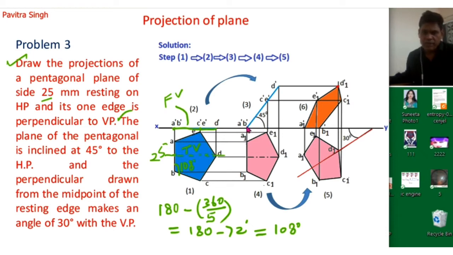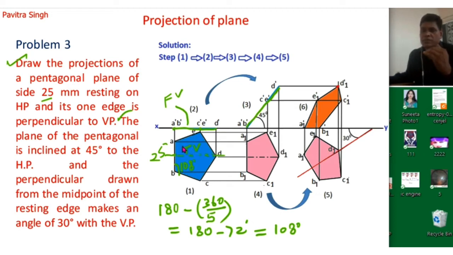So we have redrawn this line at an angle of 45 degrees. Now we will draw vertical projections from points A dash, B dash, C dash, D dash, E dash, and horizontal projections from each and every point.